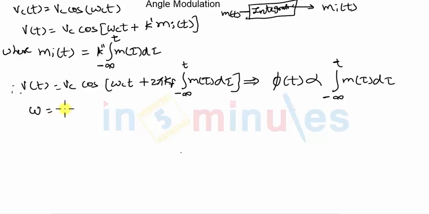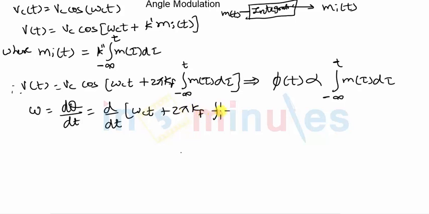After understanding the nature of phase, let us find out what the frequency of the signal is. The instantaneous frequency ω can be found by differentiating the total angle of the sinusoidal signal. The total angle in this case is ωct + 2πkf times the integral of m(τ) dτ, where the limits of integration are from minus infinity to t. If you differentiate this, we get ω equal to the derivative of ωct, which is ωc, plus the derivative of the remaining part, which will be 2πkf.